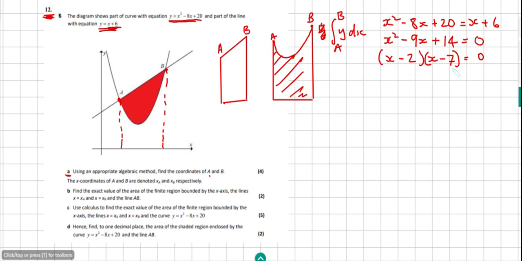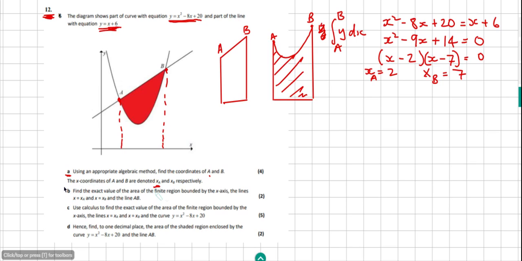And so that means the solutions would be that x was equal to 2, which is xa as it's asked for in the question. And we can see that xb would be 7. So that's the first part done.